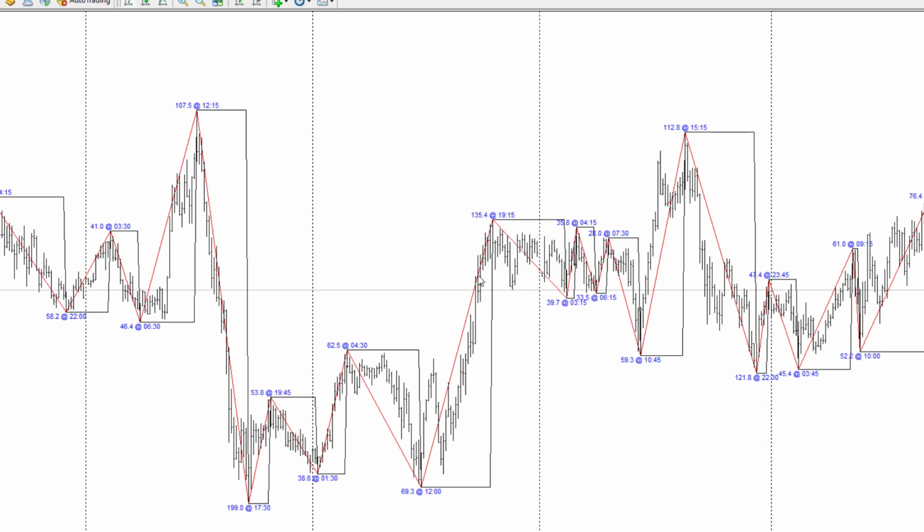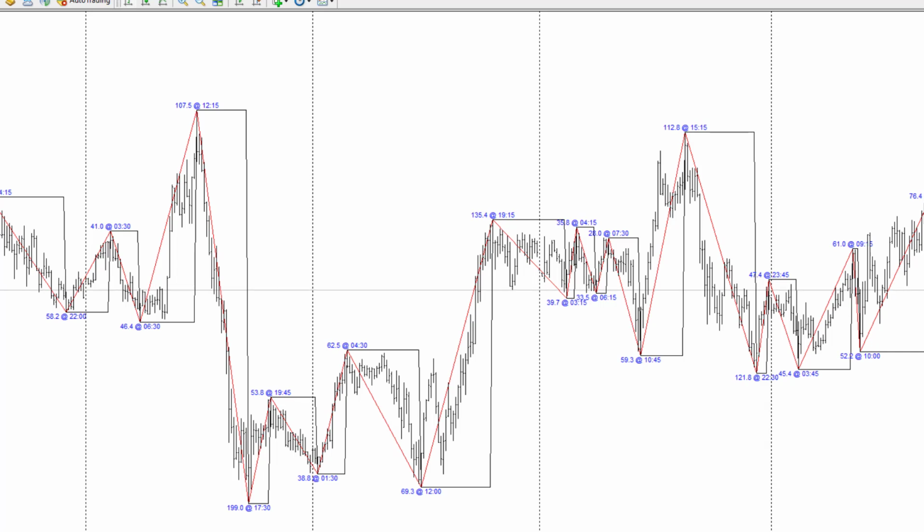So the length of time the trend is valid is also a bit of information that comes out of this analysis. So this trend was valid from 12 o'clock to 17:30. The start of the trend, the end of the trend, how long it was valid and how many pips it moved, that is information that is quite critical for day traders.